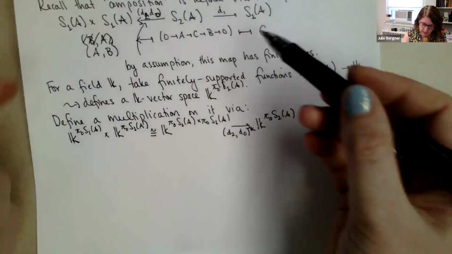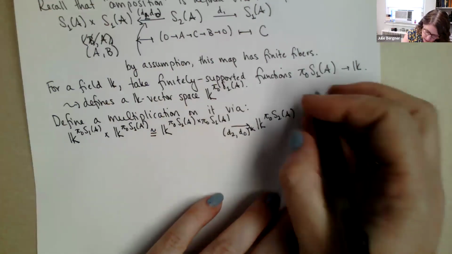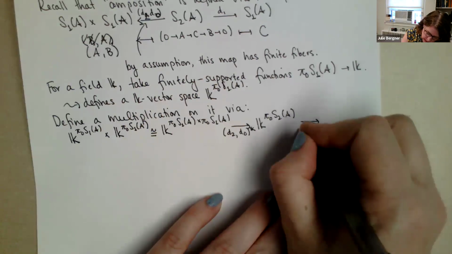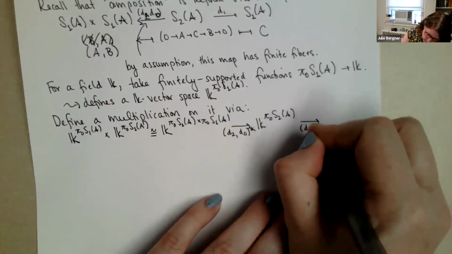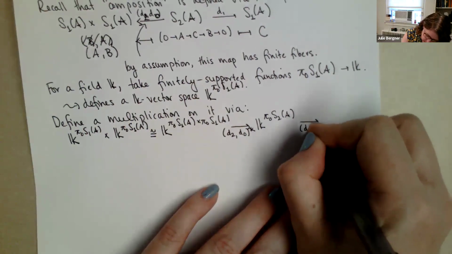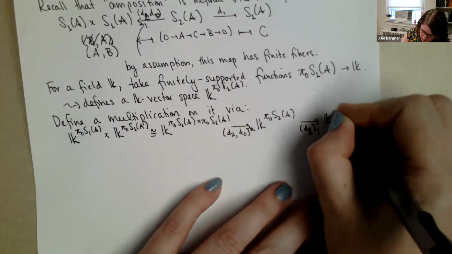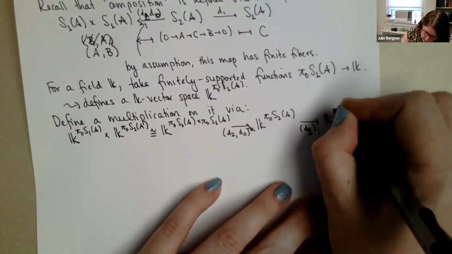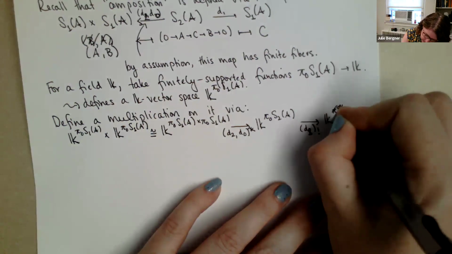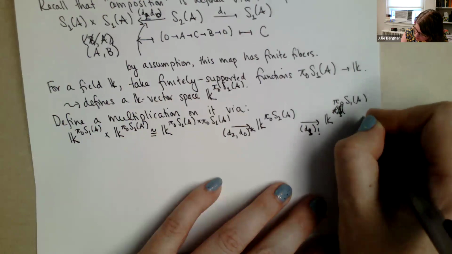So just take this map and then say, okay, now map that into K. And then I can take a push forward along D1. Oops, sorry, that's a 1. And then a push forward back down to pi 0 S1 of A.